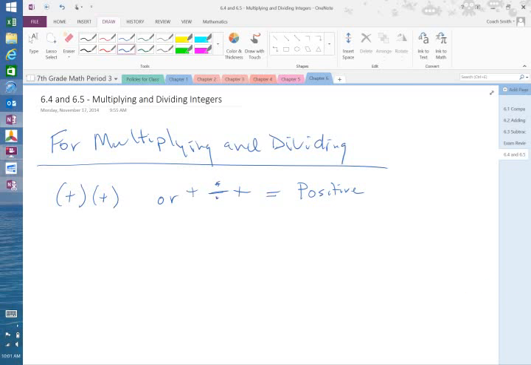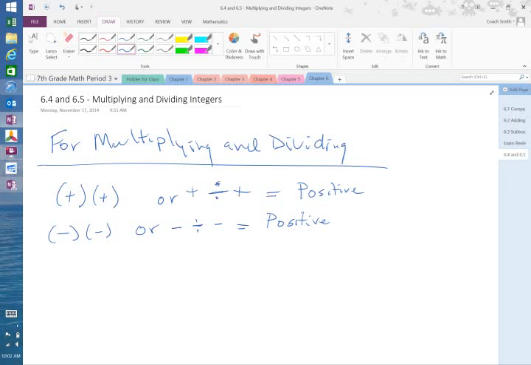Okay? Now, when we have two negatives and we're multiplying, or two negatives and we're dividing, that is always going to be equal to a positive. Okay, so that's the one that's different. When you're adding two negatives, you always get a negative answer. When we're multiplying negatives or dividing negatives, you always get a positive answer.